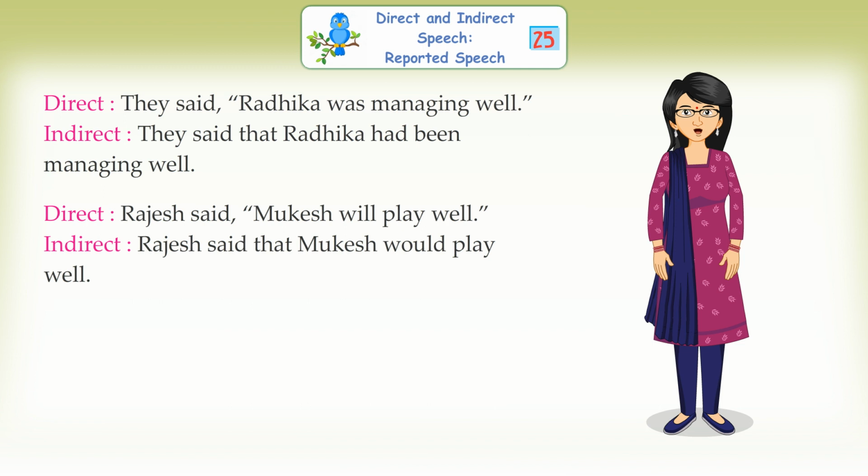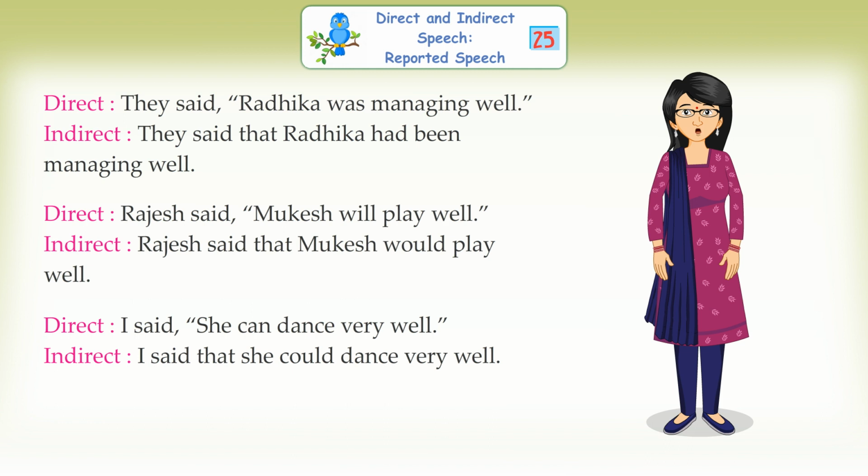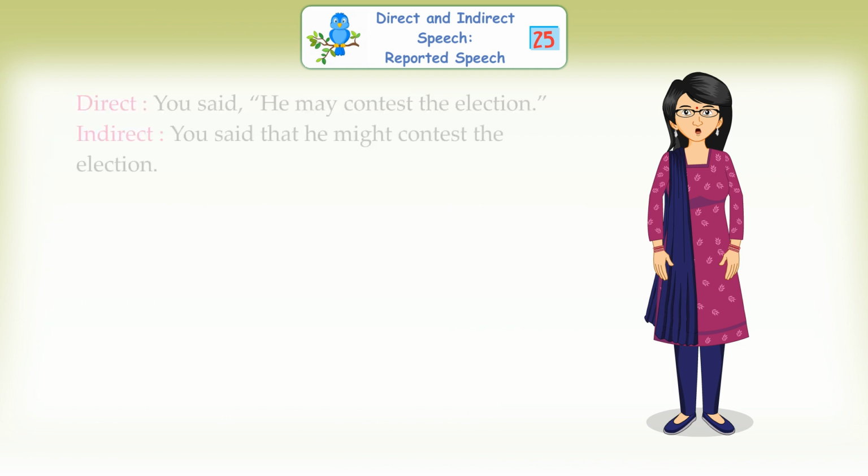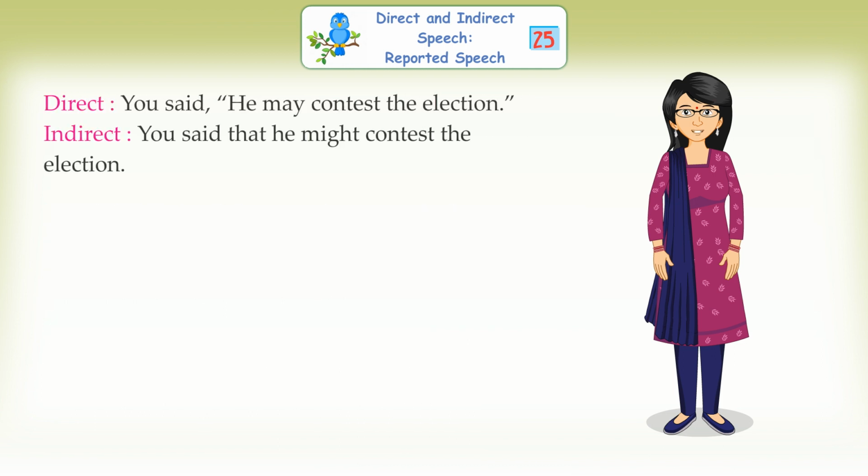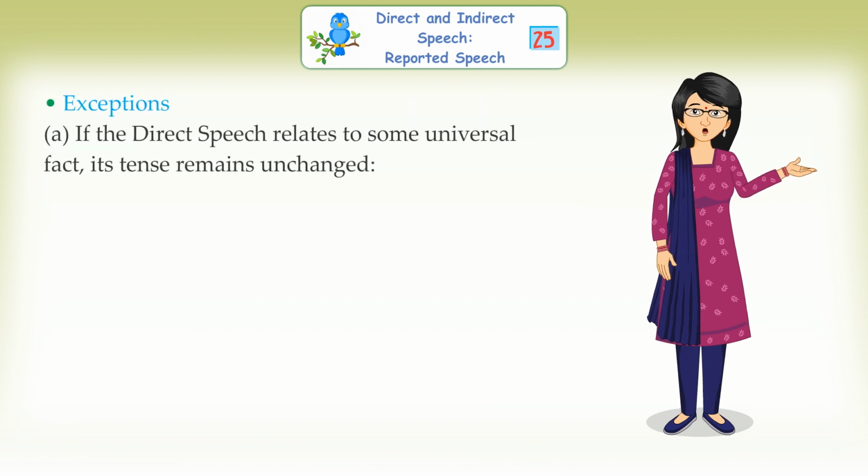Indirect: Rajesh said that Mukesh would play well. Direct: I said, "She can dance very well." Indirect: I said that she could dance very well. Direct: You said, "He may contest the election." Indirect: You said that he might contest the election.